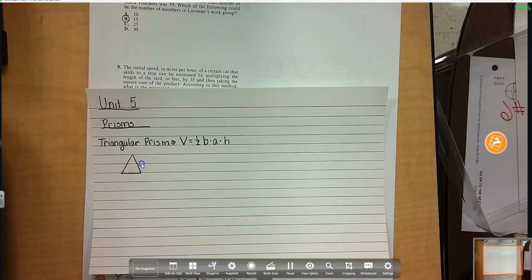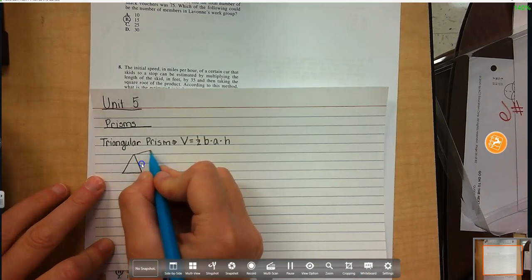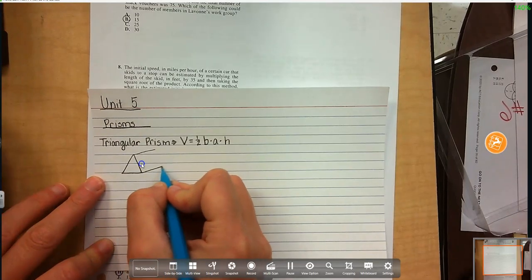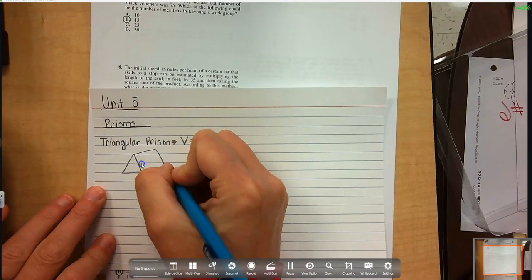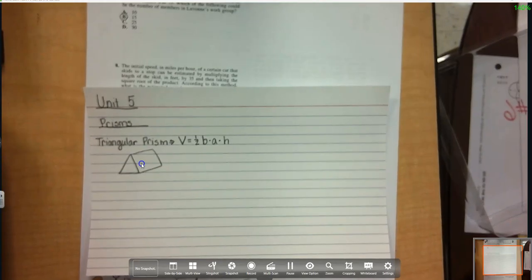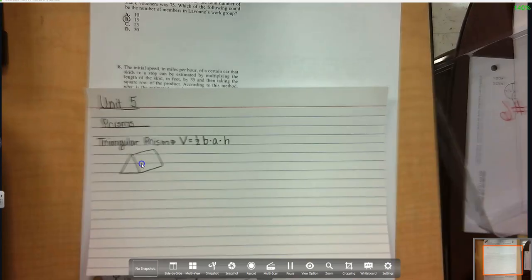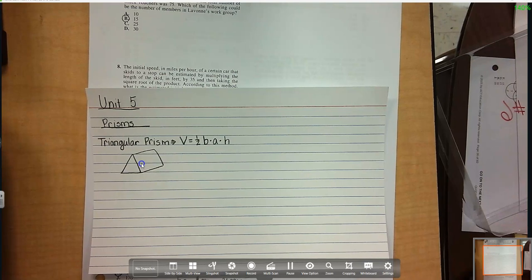Okay, and then we want to draw two little lines right here that are at the same angle, and they need to be the same length. And then just connect right here. Sorry, it keeps losing focus, doesn't it? This new document camera's not as good as my old one.